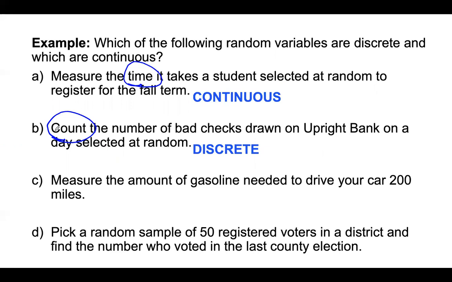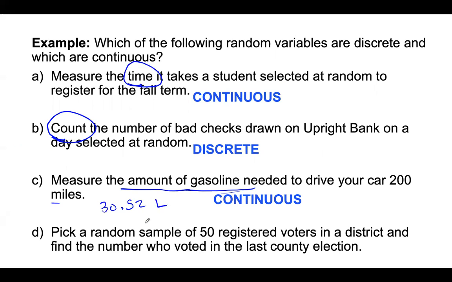Next one: measure the amount of gasoline needed to drive your car this much. So this is the amount of gasoline. This is continuous because you could have 0.5 to 30.52, let's say, liters of gasoline.